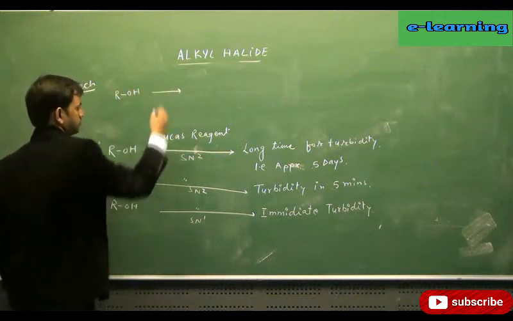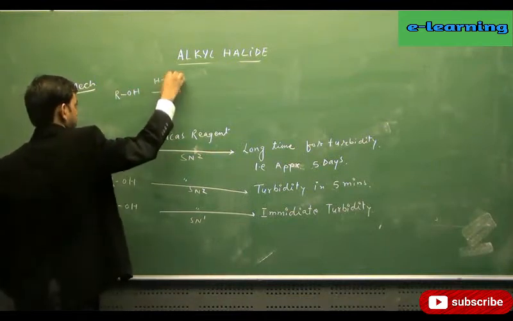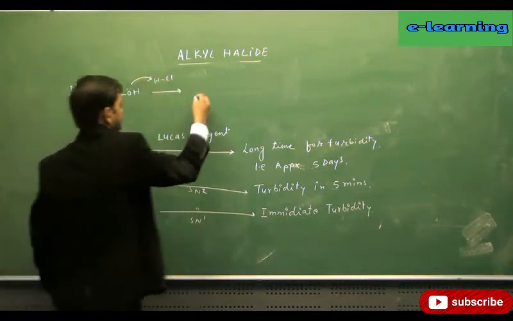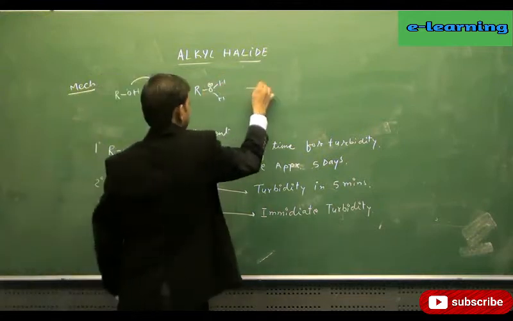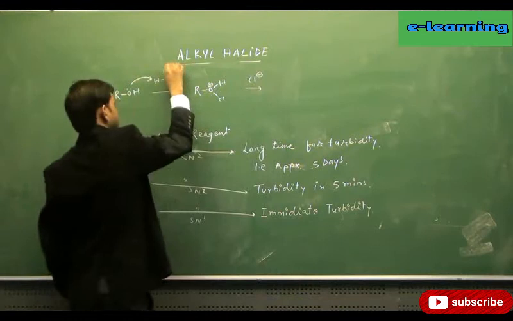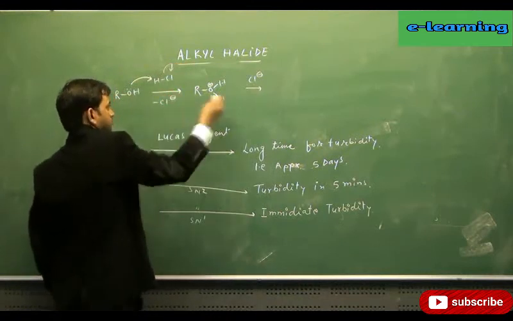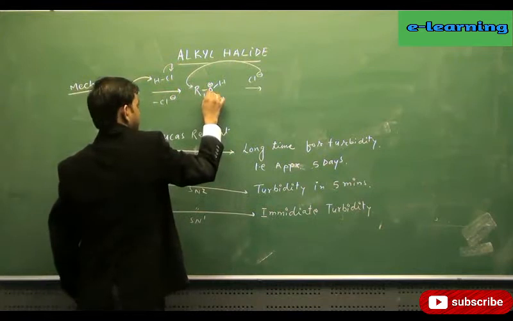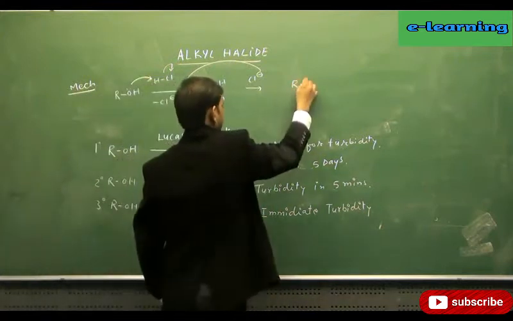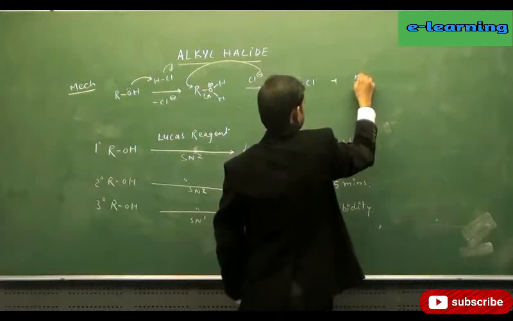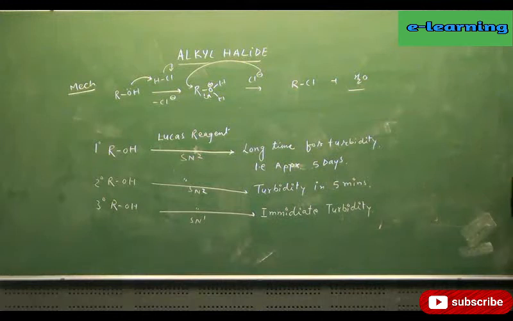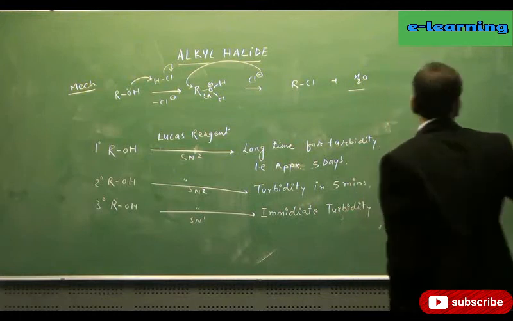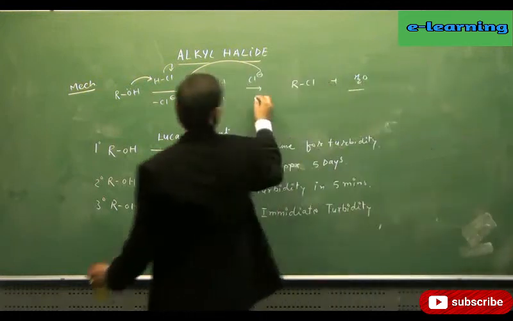The alcohol protonates, HCl is there, ROH, it is attacked from the back side, and it gives RCl plus H2O. SN2.